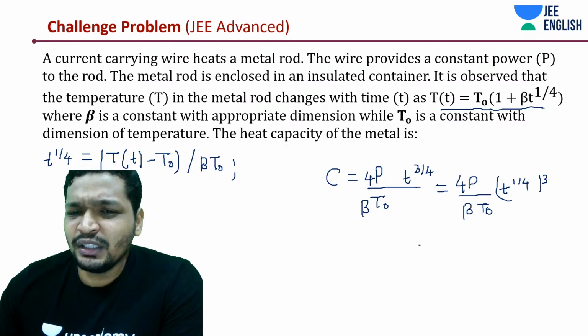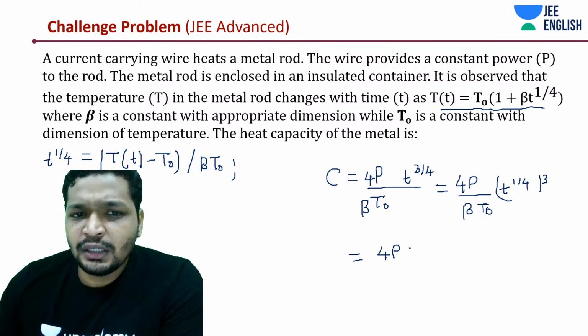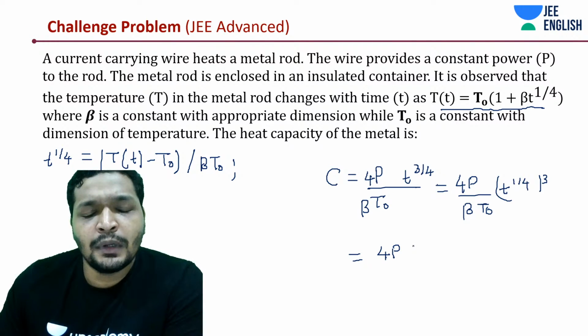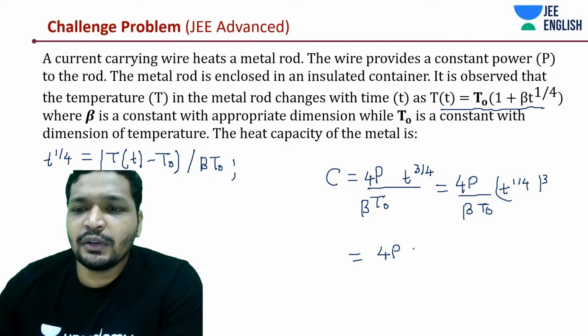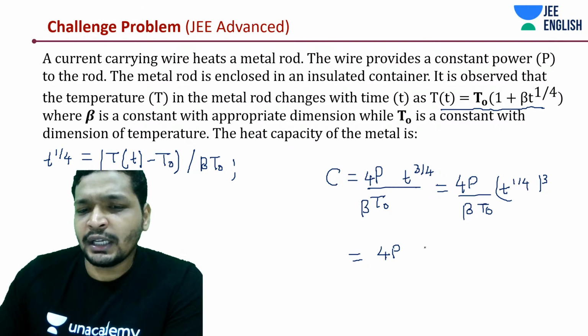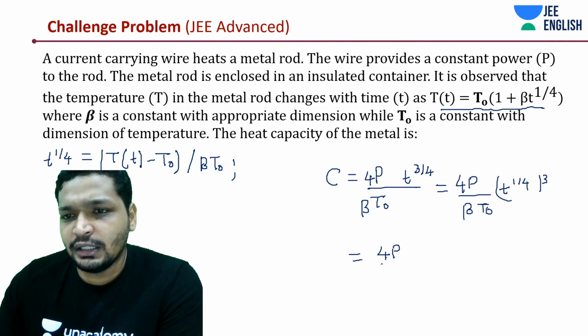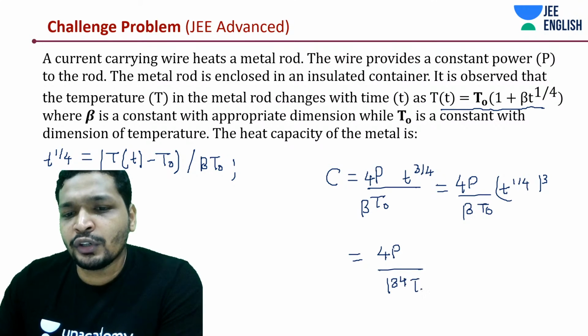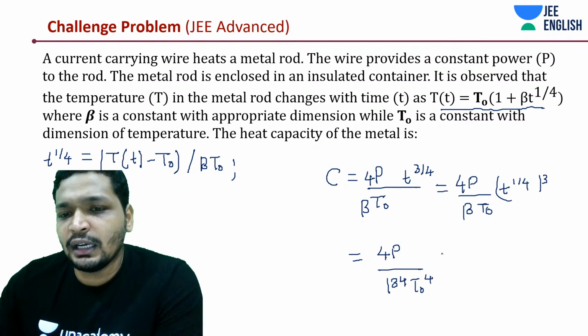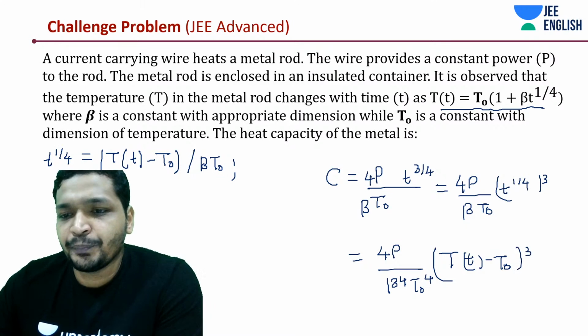Now further I don't have to tell you anything. They should have equal power. I thought one of them would have greater power, but they should have equal power. Do this kind of problem completely because these are the easy ones that you get often. So it should be beta to the power 4, T0 to the power 4 and T minus T0 whole to the power cube.